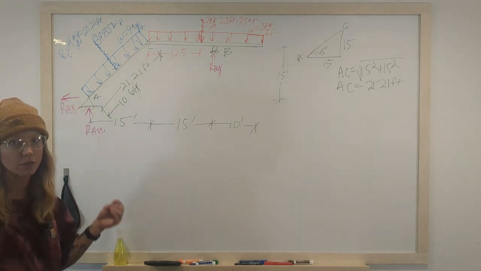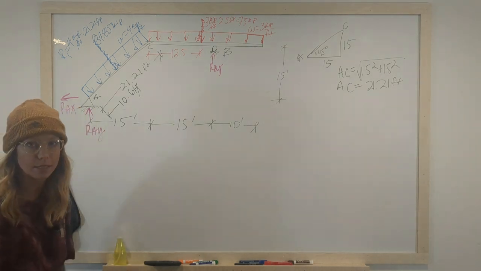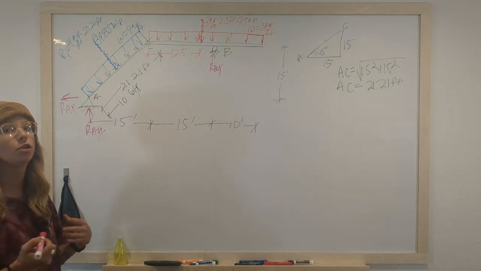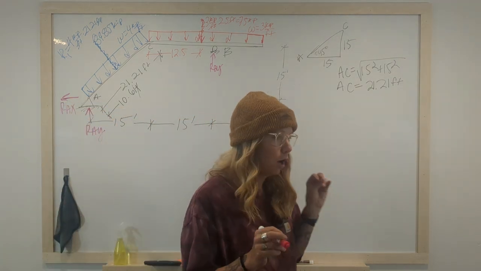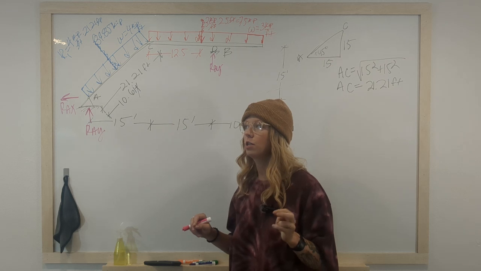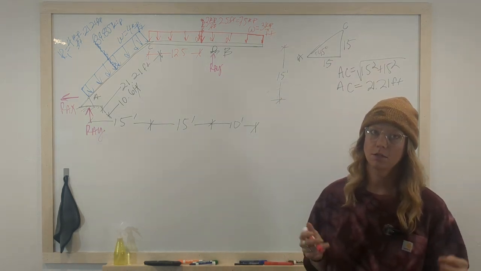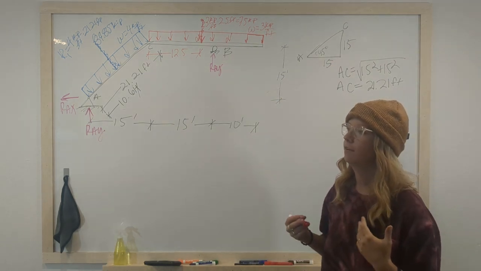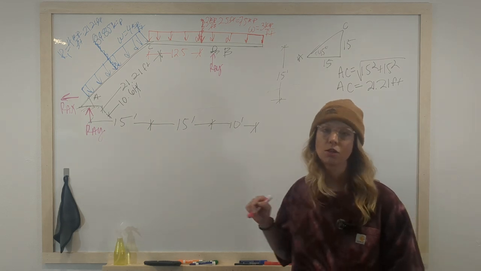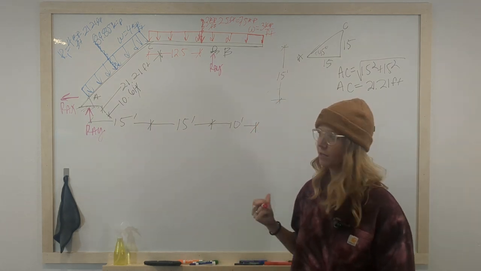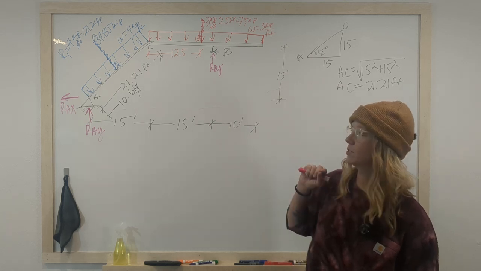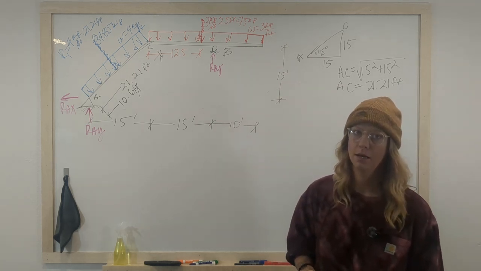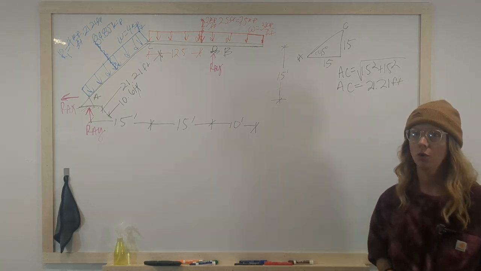pick those arrows going in the wrong direction, when you do the sum of the forces in the x or the y, you'll just get a negative number. Now a negative number always means that the direction you assumed it was going is wrong. So a negative number does not always associate with going to the left, and a positive does not always associate with going to the right. The negative number means that whatever answer you got, it's the opposite of that. Same thing when you're doing method of joints.